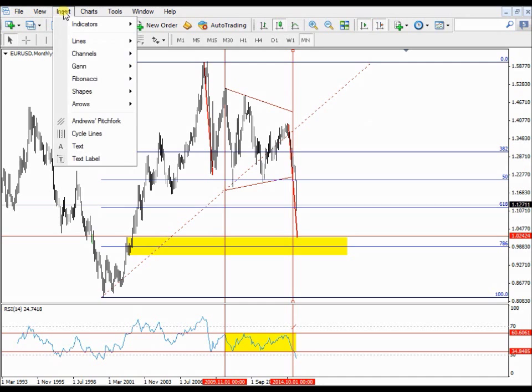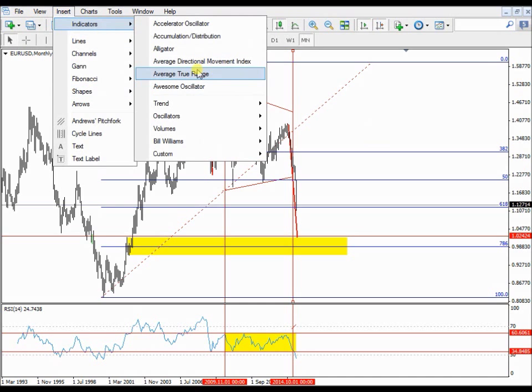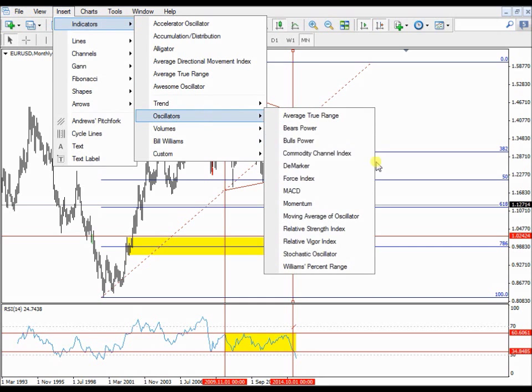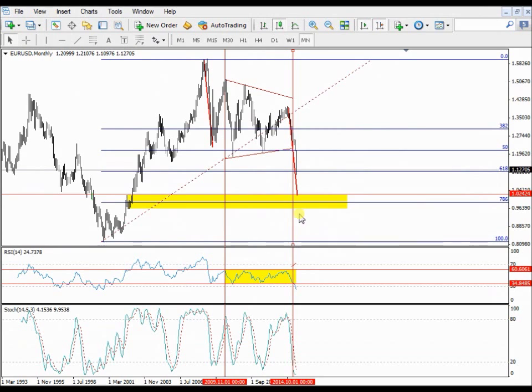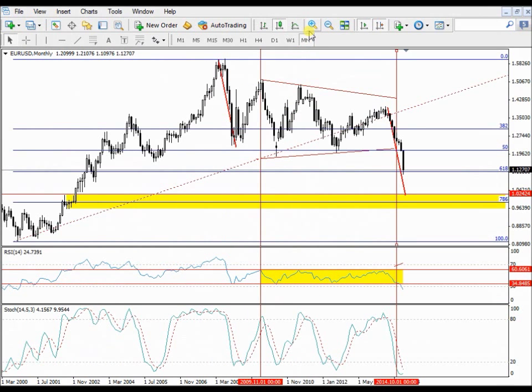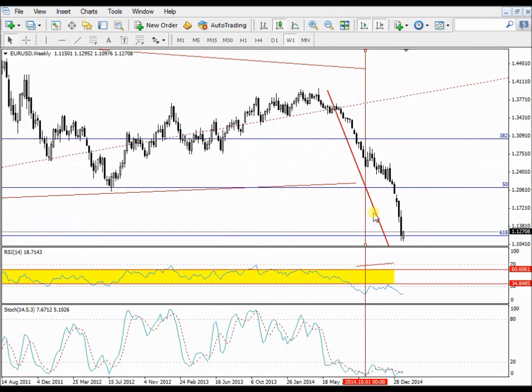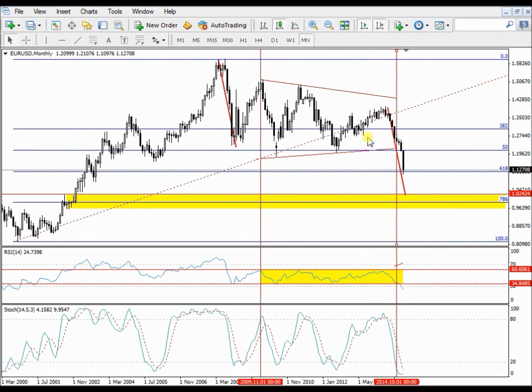Let's put in our indicator to see if that gives us something. Look at that. My stochastics are very low. Looking at the weekly, again, very, very low. So this is setting up over the coming few weeks to buy the euro here at the bottom.